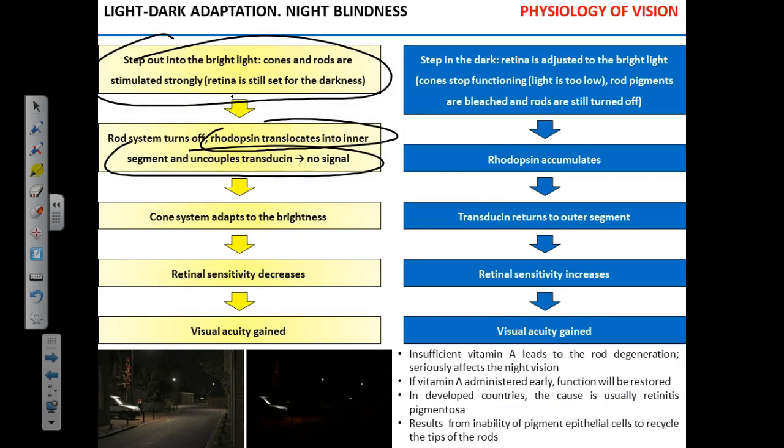Does that make sense? All rods are bleached out. Okay? Then cones adapt to the brightness, which increases the sensitivity of the retina, and you can see in the light. Does that make sense?